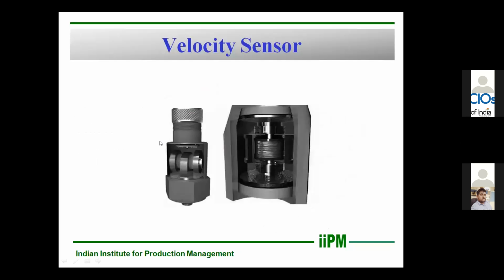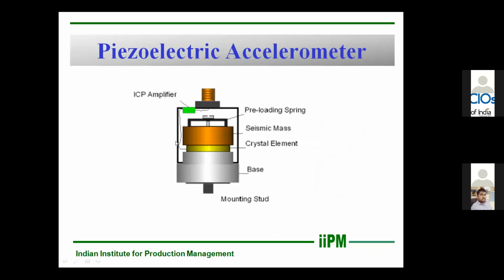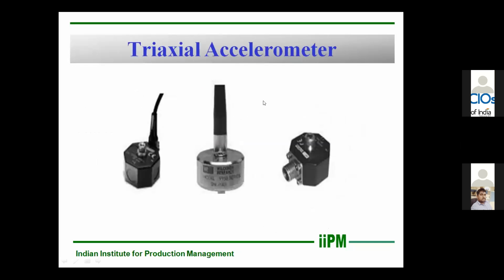With a velocity sensor, you get velocity and displacement. Whereas with an accelerometer, you get three readings: acceleration, velocity, and displacement. So this is the most generally used sensor in today's industries. After the accelerometer came the triaxial accelerometer, because whenever you are measuring vibration, you are normally measuring in three directions: horizontal, vertical, and axial.